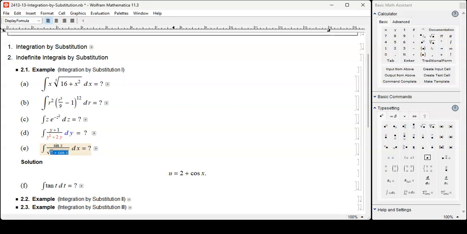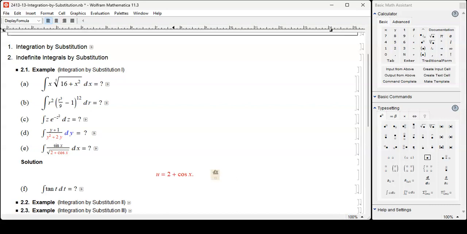Not just a denominator, because this is just inside of negative 1/2 power function, basically. And then we can take the derivative. And so for dx, 1 over negative sine of x du.